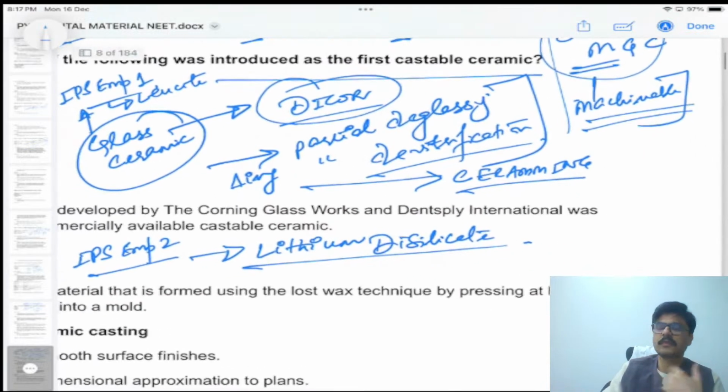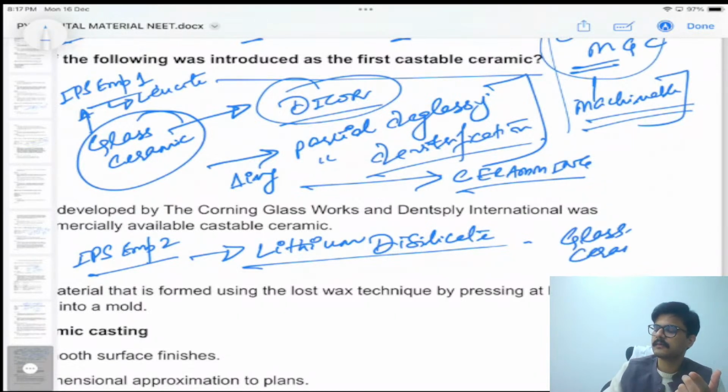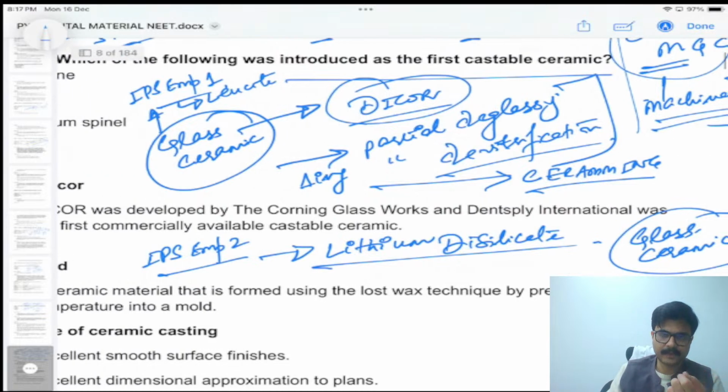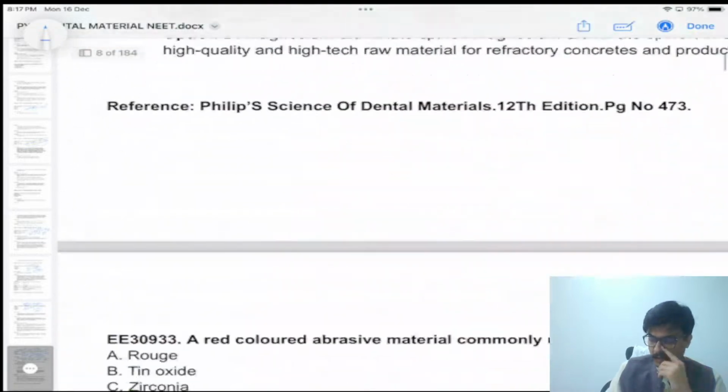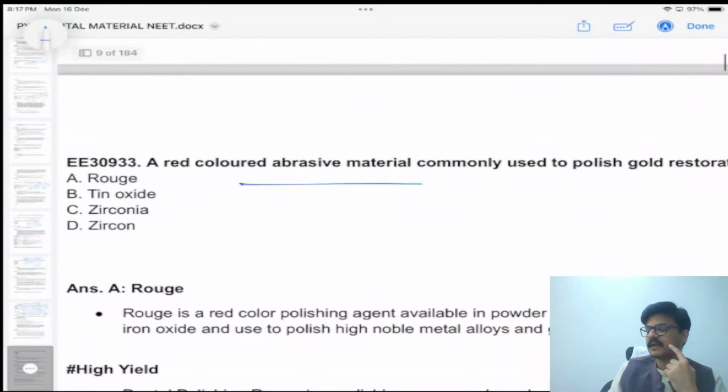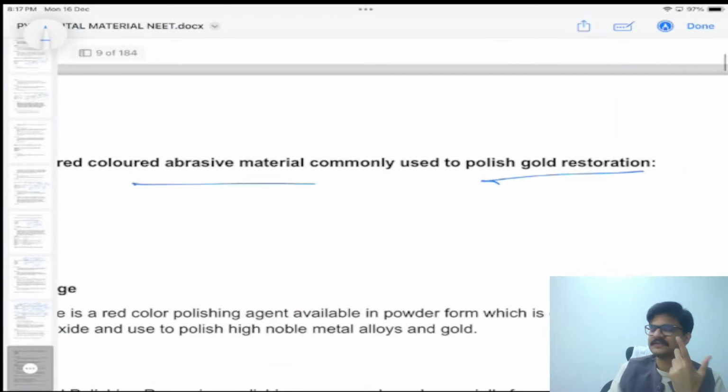So this is also a modern glass ceramic, which is not castable, but is made by a technique similar to injection molding, a hot pressing, IPS pressable, injection pressable ceramics, right? All right, so these are all the important points. Red colored abrasive material commonly used to polish, that's rouge.